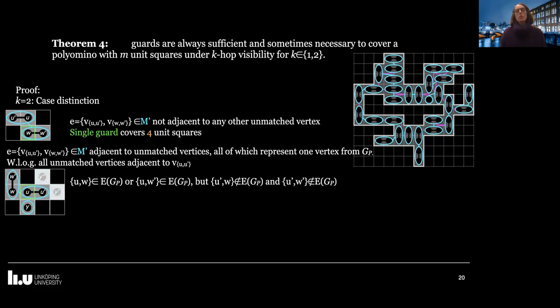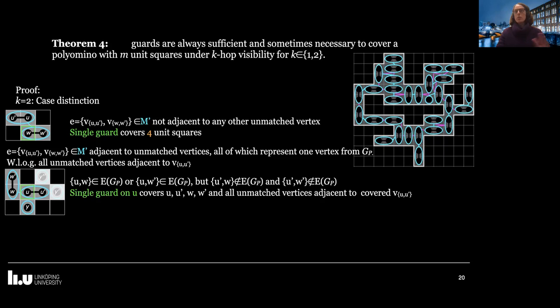And then the first case here is that the edge UW or the edge UW prime are edges of the original grid graph, but U prime W and U prime W prime are not. And then we might have some additional unmatched vertices, but we know that we at least have one that is adjacent to U prime.